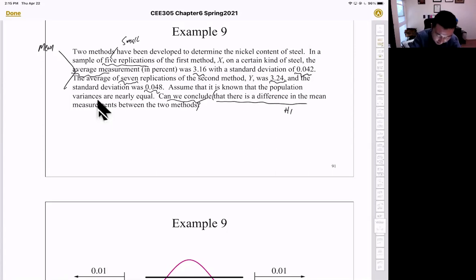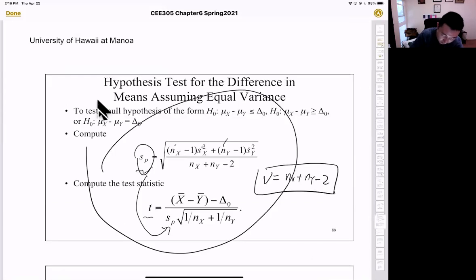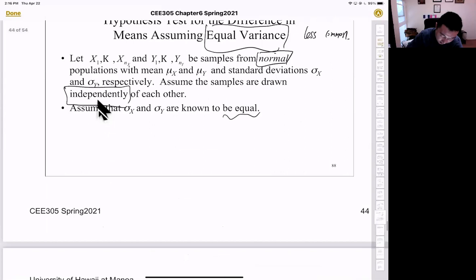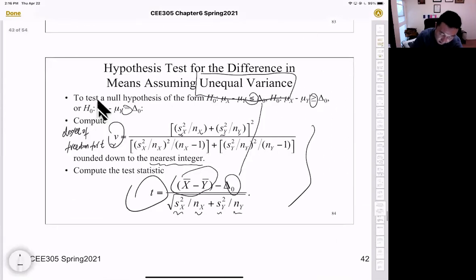Here, the sentence assumes that it is known that the population variances are nearly equal. So this sentence tells us we should use the equation assuming equal variance, not this equation for unequal variance.